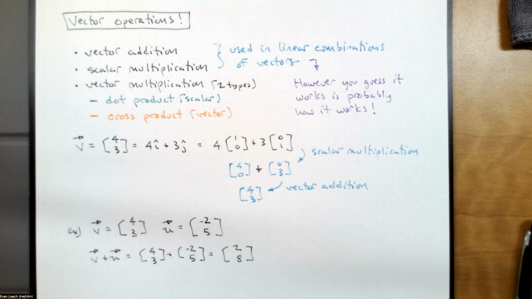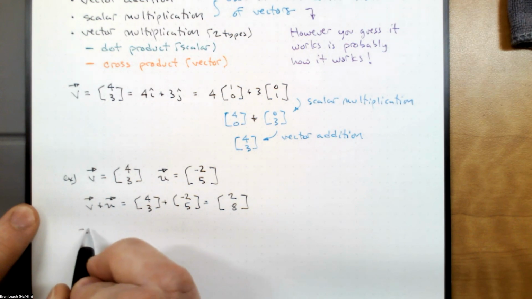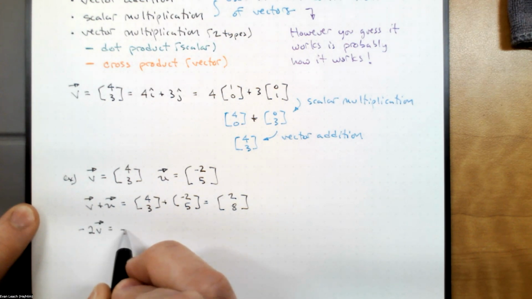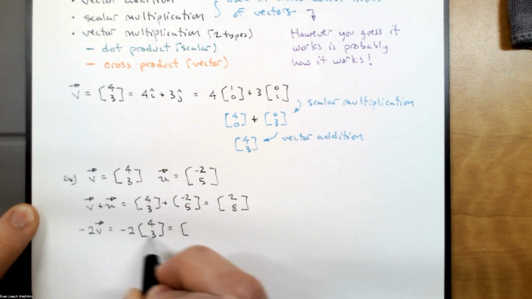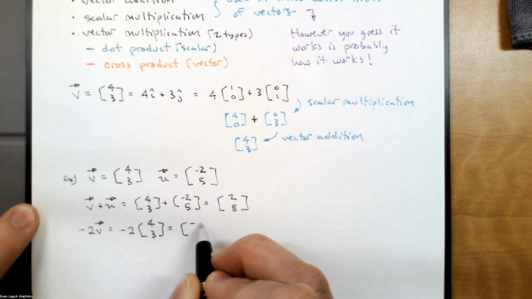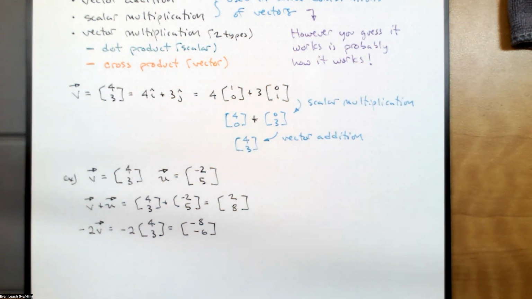That's a linear combination of those two vectors. If I wanted to find the vector -2v, I would just multiply all the components by -2. Which is just how we think it would work.